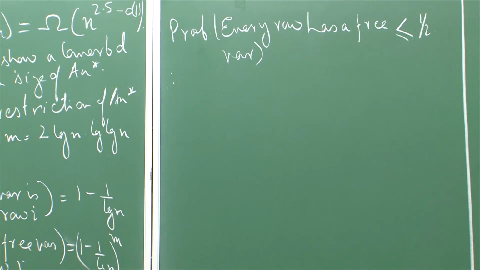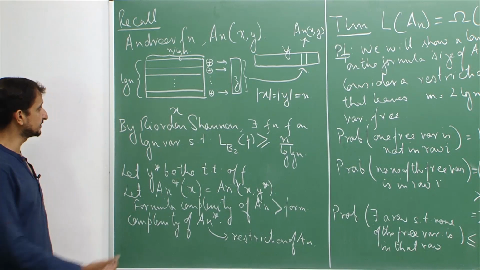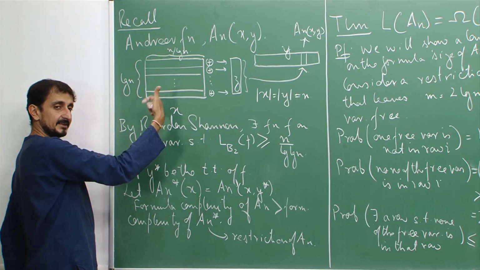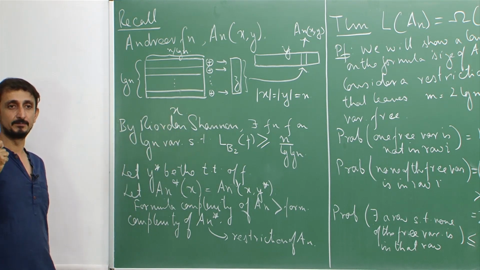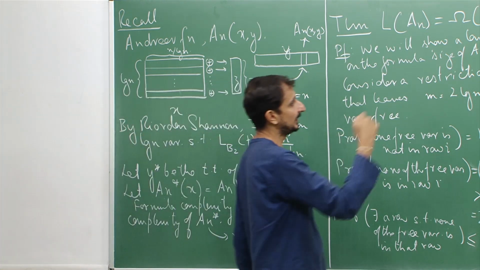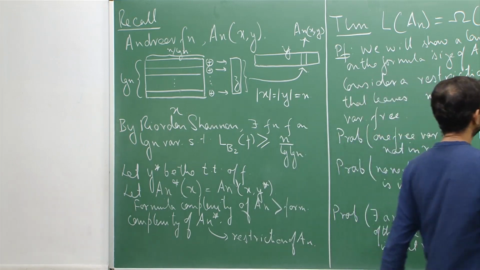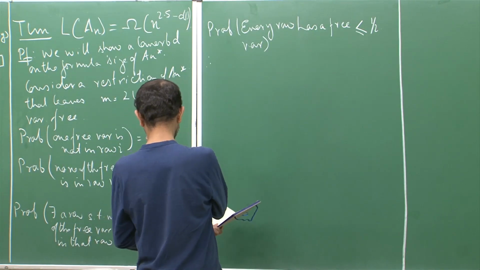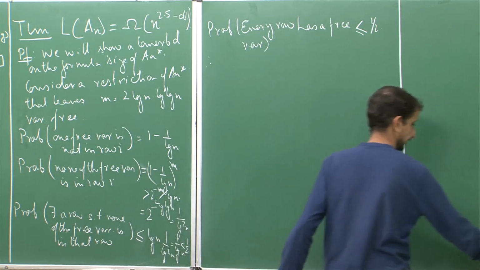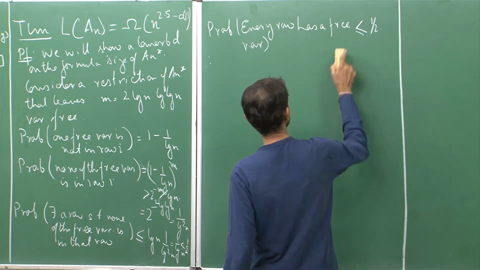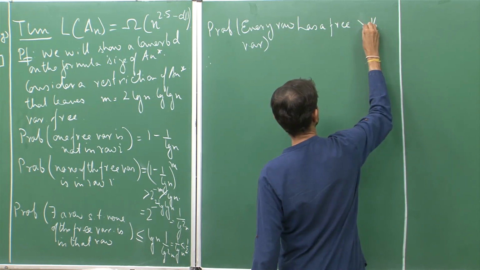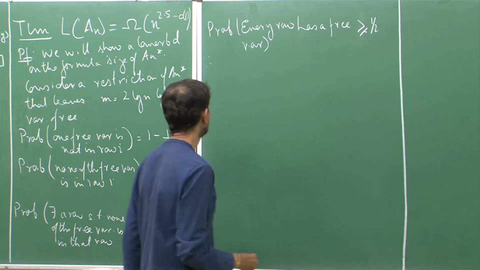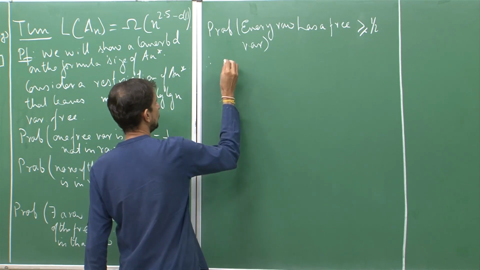This means that in this restriction, I have restricted the variables and now every row has at least one free variable, and that occurs with probability so much. So, that was less than, so this will be greater than half.